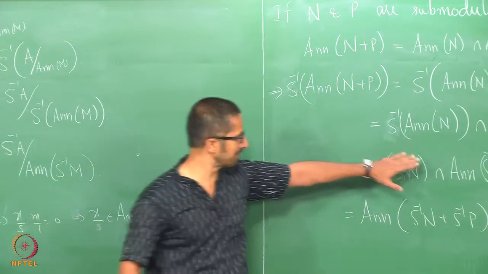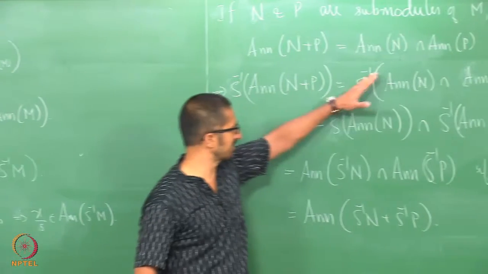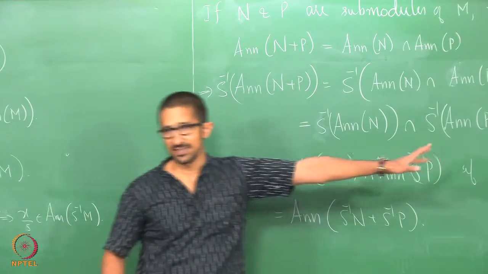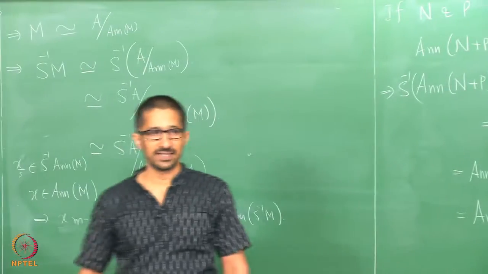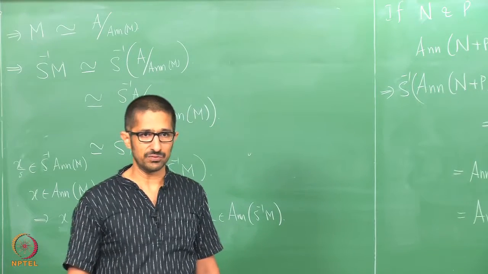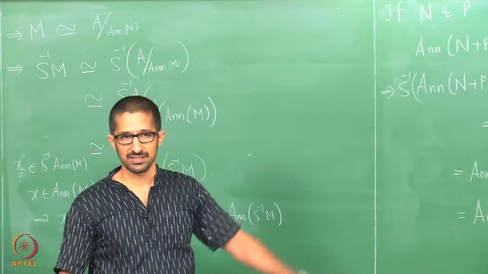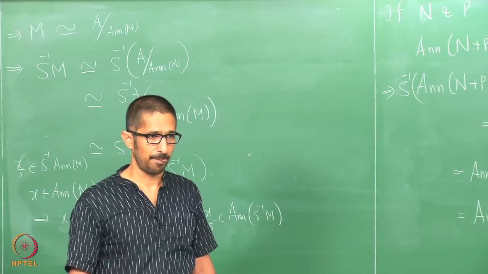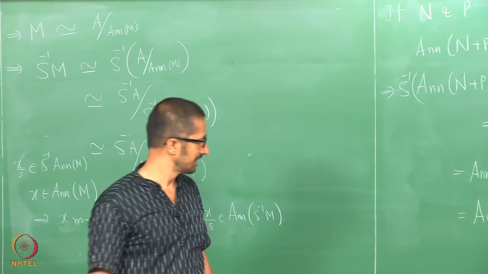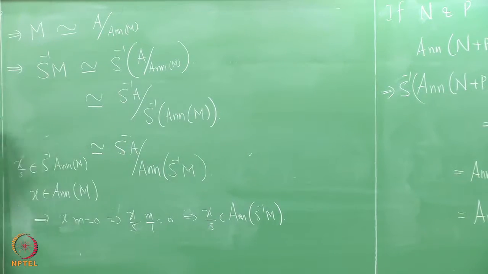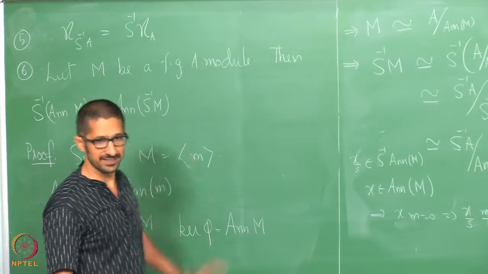Now here we need S inverse to distribute inside, for that we need a finite intersection, without which S inverse does not go inside. So, that is where we are using that it is a finitely generated module.